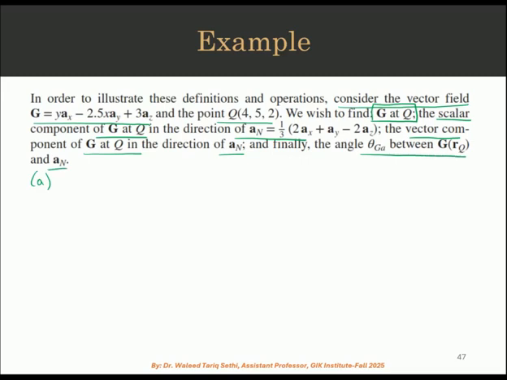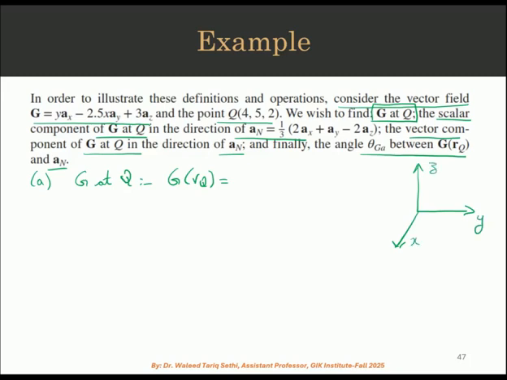Let us start by first figuring out what G is at Q. This means we need to write G in terms of the position vector Q. If we draw this to visualize it, it should be something like this. This is y, this is x, and this is z.